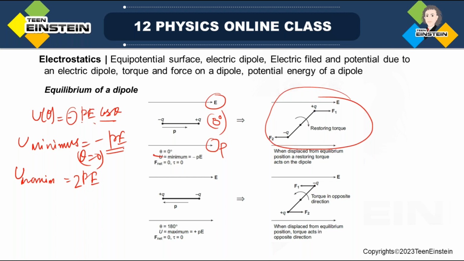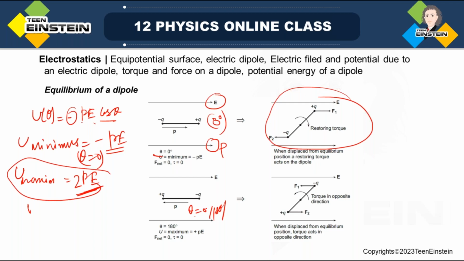Okay, this is also at this position when the dipole and field are parallel, like, they are anti-parallel actually. So theta equal to 0 and theta equal to 180 degree.